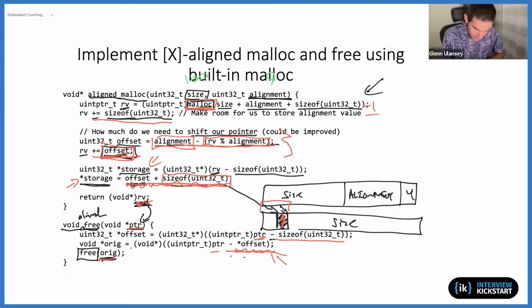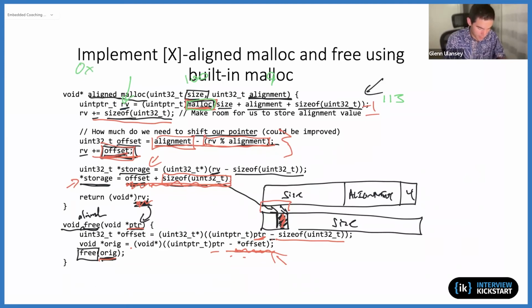So we would then call malloc with a total of 113 bytes, and we would get some address back from malloc.